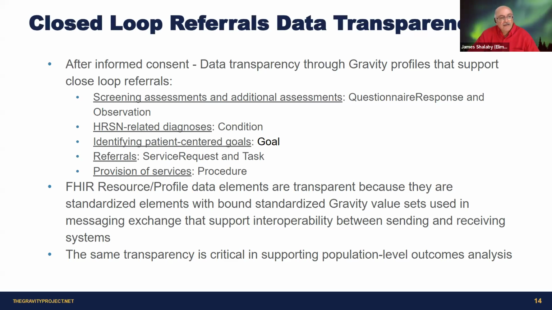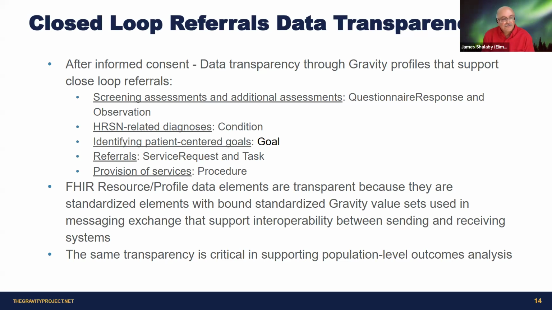For health-related social needs diagnosis, the condition resource is used in FHIR. For identifying patient-centered goals, the goal resource. For referrals, service request and the task resources are used together. And for the provision of services, what has actually been done for the patient, it's a FHIR procedure.